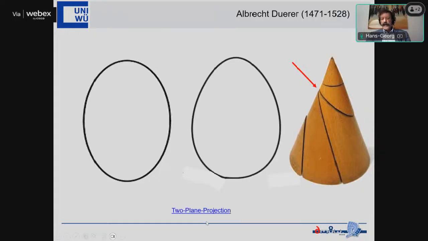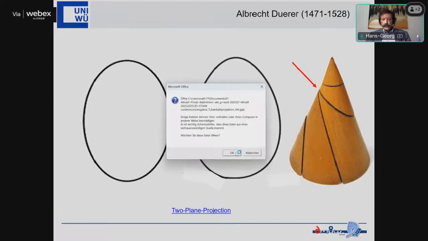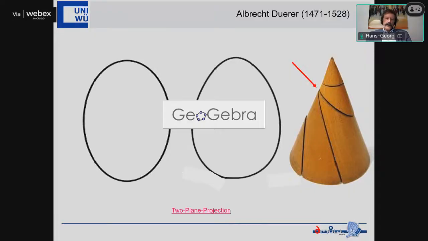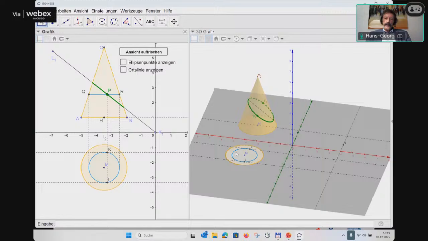Of course, nowadays we can do this with digital technologies. And if we do the same construction as Dürer, hopefully now you should see the GeoGebra 3D simulation. It is the same as what Dürer has done, of course, without technology.